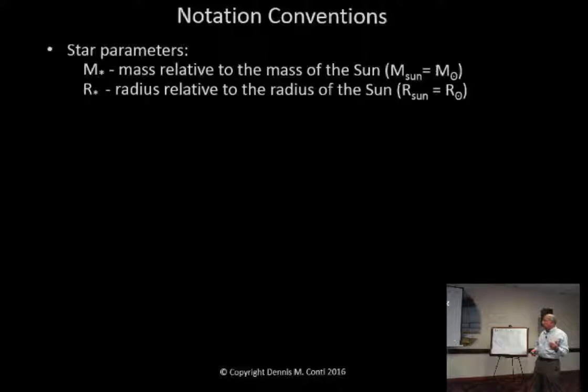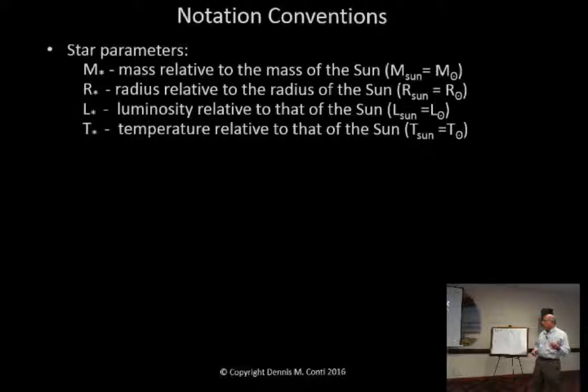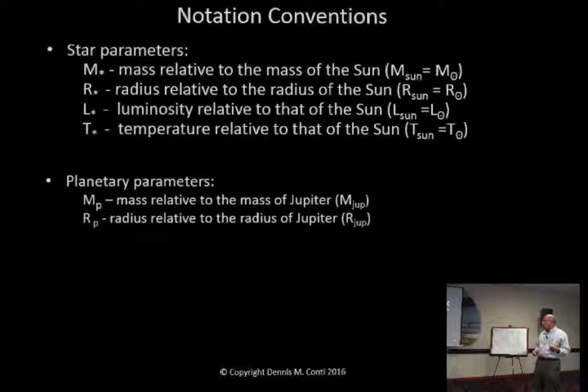So the radius relative to our sun, luminosity relative to our sun, temperature relative to our sun. So all of the star parameters generally have an asterisk indicating that they're star parameters, and generally they're, again, relative to the corresponding measurements of our sun.